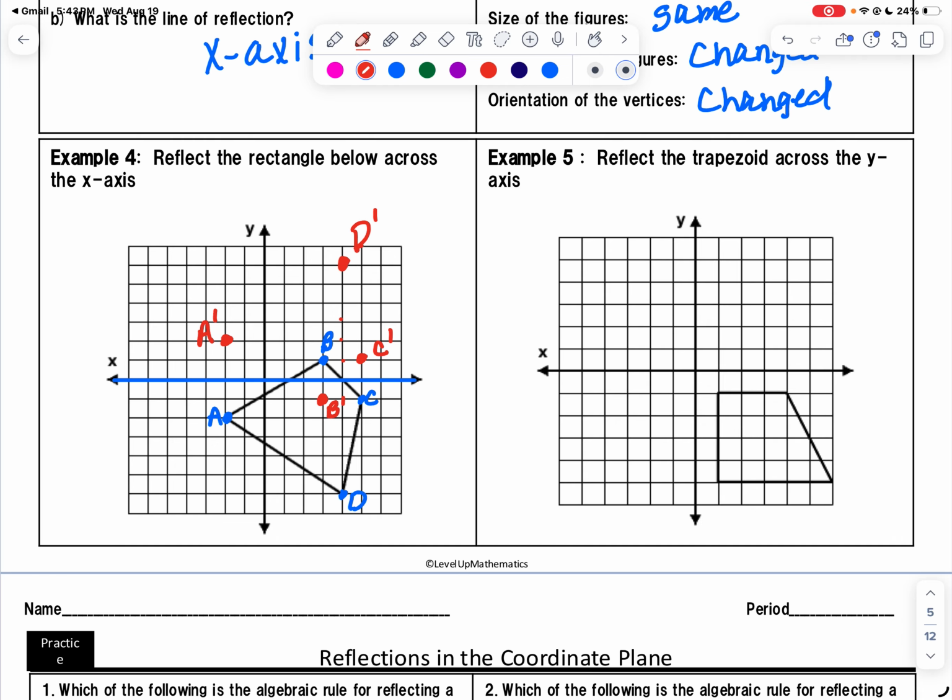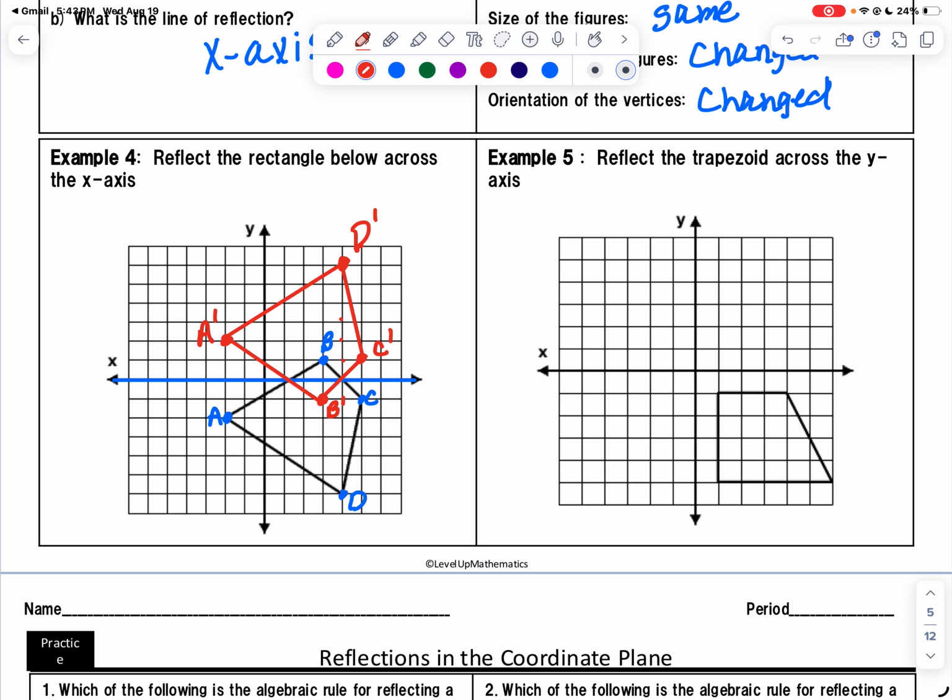Let me label that. Now I'm going to connect these, trying to do this as straight as possible. Okay, so that looks pretty good. So there's our reflection across the x-axis.